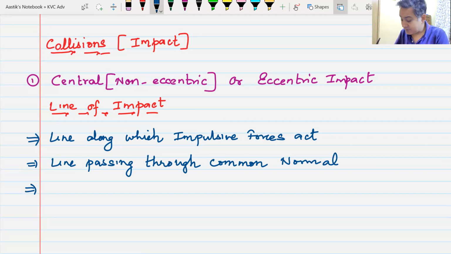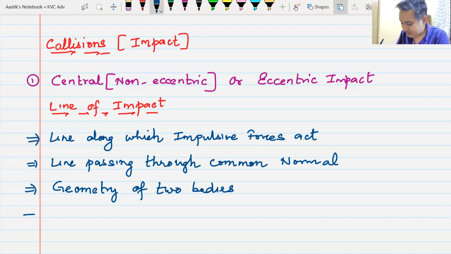This line of impact can be determined by the geometry of the two bodies. This line of impact can also be determined by the direction of change in momentum.